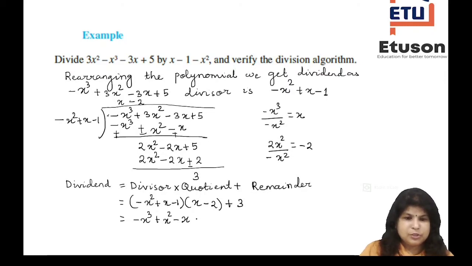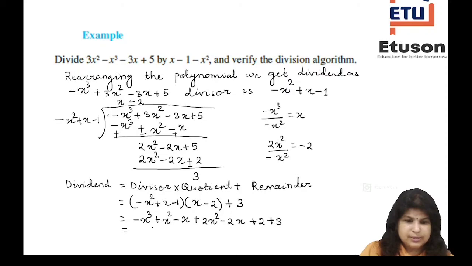Then minus 2 you multiply. You will get plus 2x square minus 2x plus 2 plus 3.